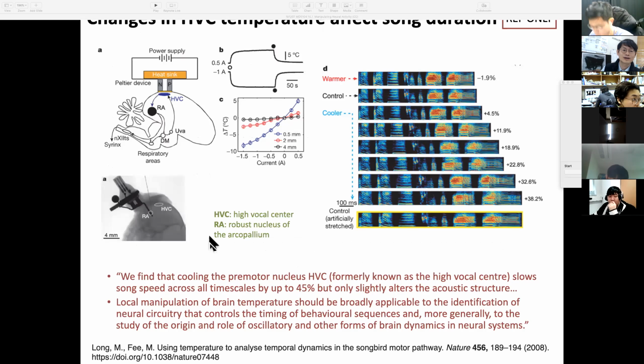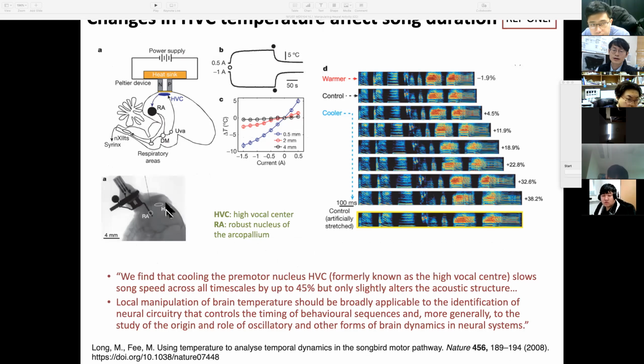Okay, so I bring an example of a very cool technique, which came out in Nature in 2008. Songbird is a very good experimental model for studying speech, okay? So why did this study come out in Nature?